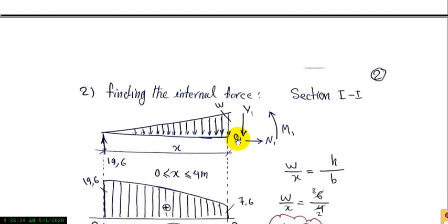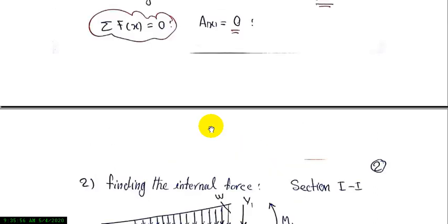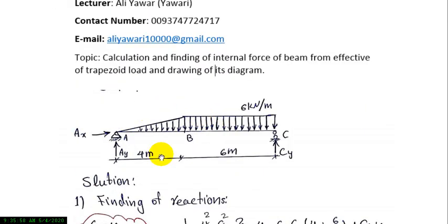Okay, dear friends, now I want to calculate the internal force of this part: V1, N1 and M1. This point we call O1. First of all, we calculate the height of this triangle. We have a proportion according to the similarity of the triangles. This triangle is similar to this triangle.